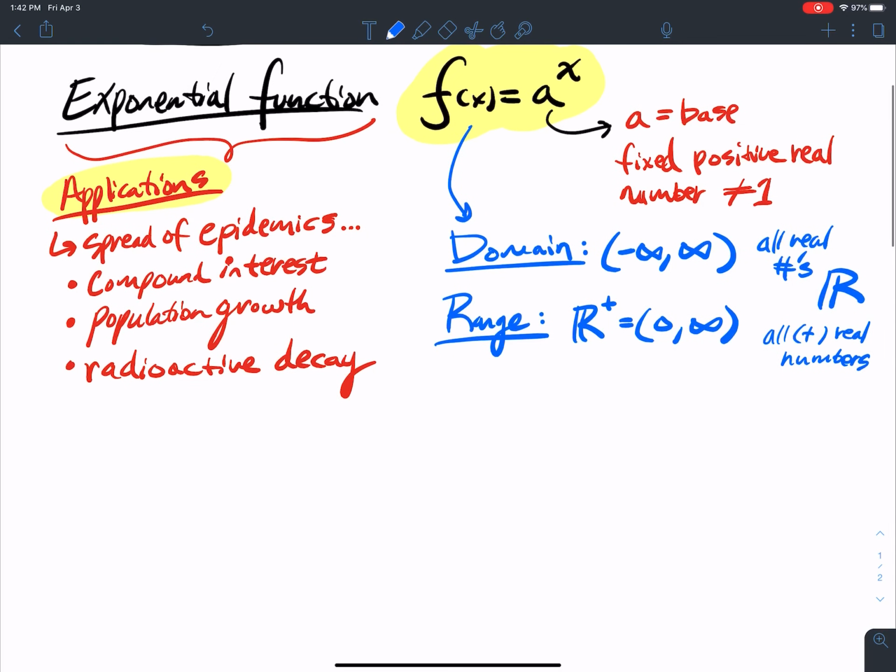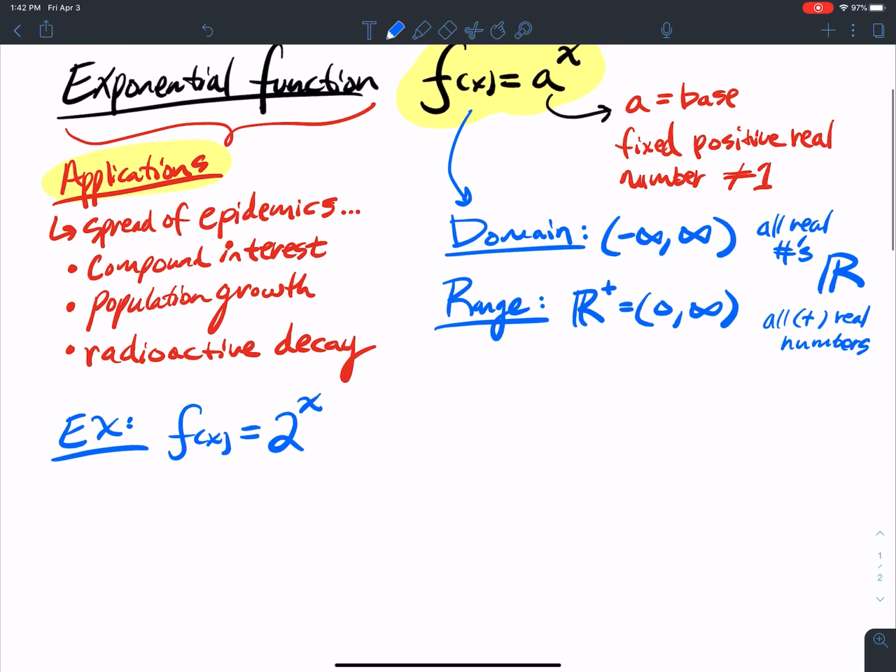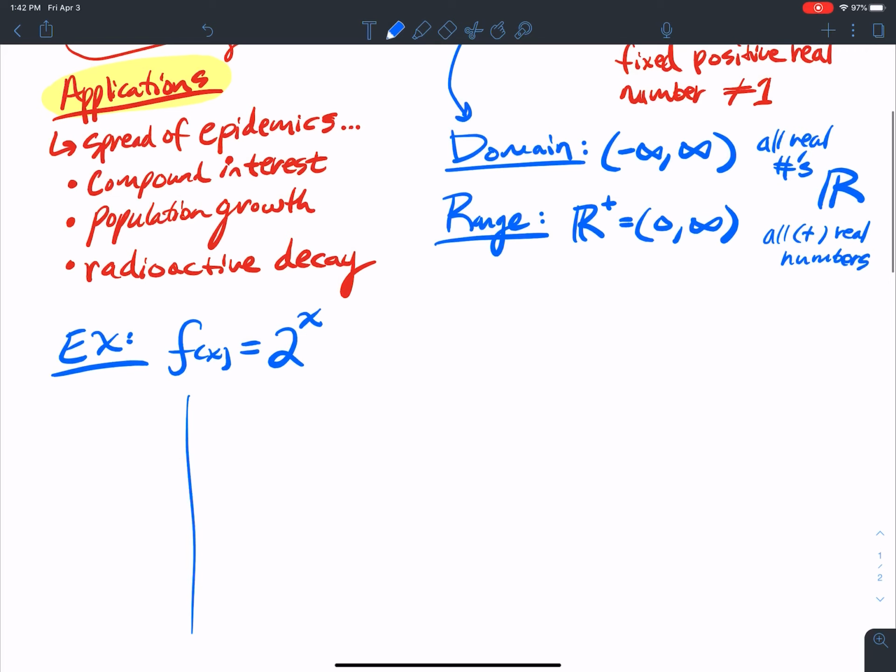All right. So the example that we're going to run with is f of x equal 2 to the x. I'm going to start with the table x and 2 to the x. So -3, -2, -1, 0, 1, 2, 3.